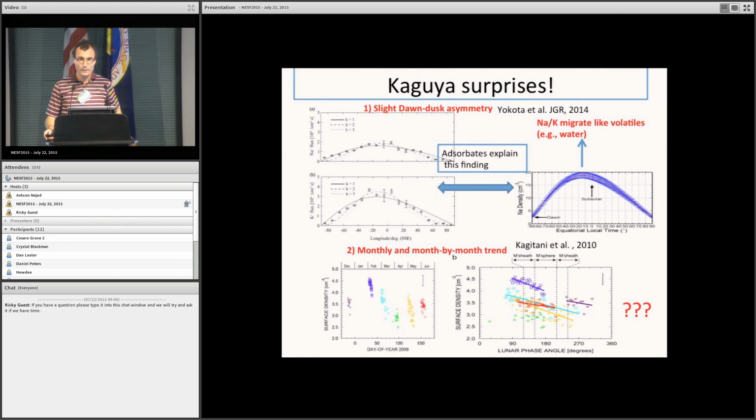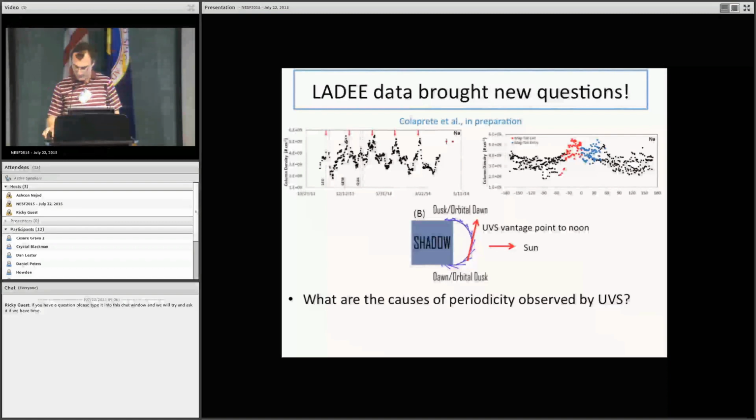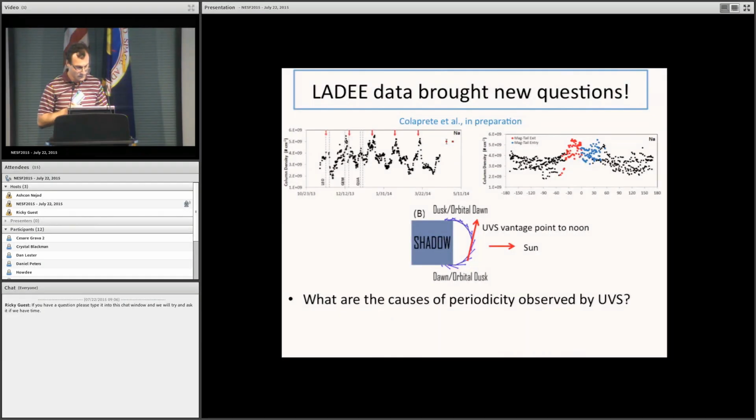But within each of these months of observations, they also noted a continuous decrease in tail content of the sodium exosphere from first quarter to third quarter as the moon goes through the Earth's magnetosphere. So this is definitely material that we need to explain.